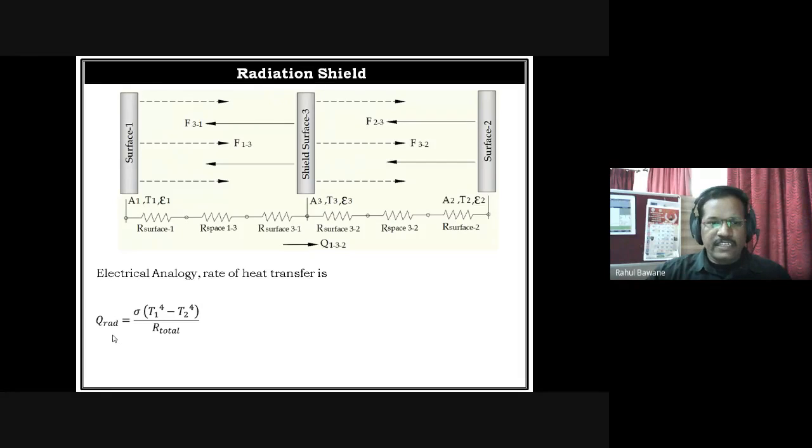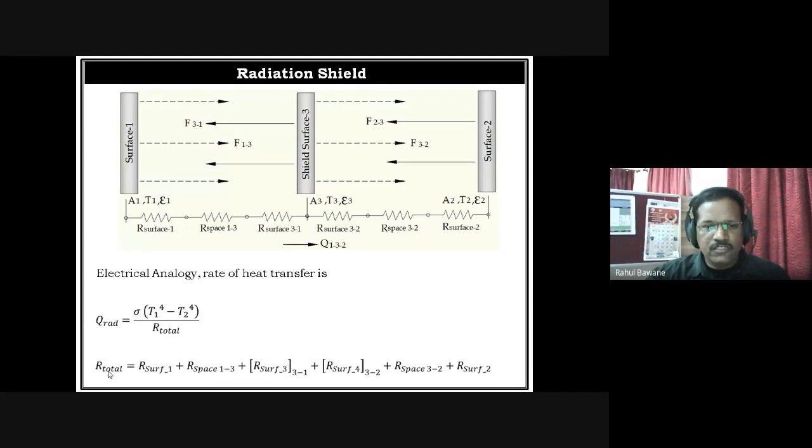So heat radiation using electrical analogy: QR is equal to sigma (T1 raised to the power 4 minus T2 raised to the power 4), because heat is transferring from surface 1 to 2, divided by the total resistance. Now what is the total resistance? We have to add all these resistances because all are in series.